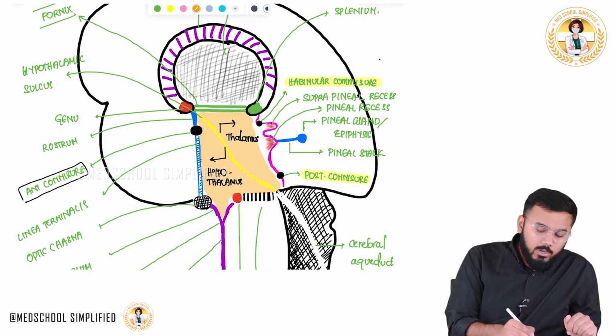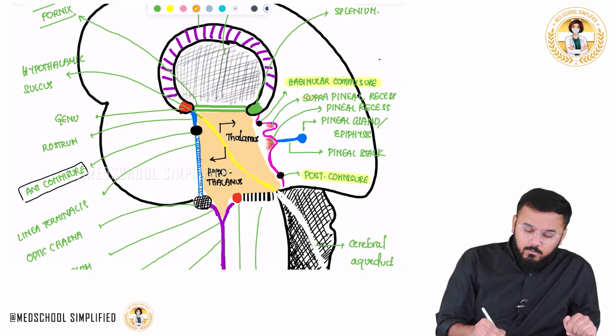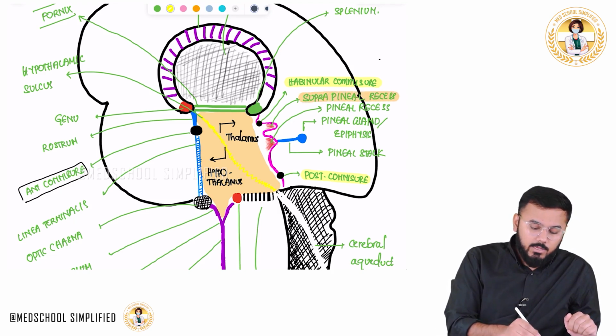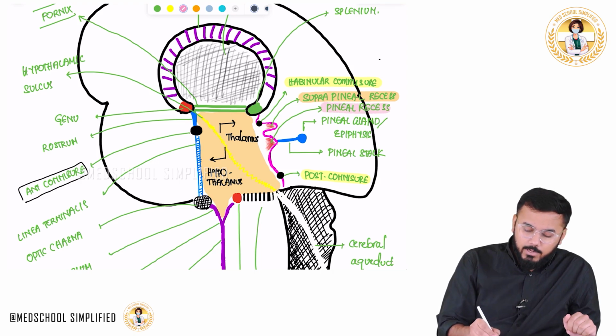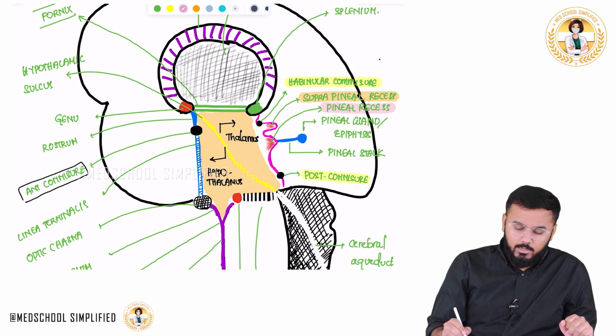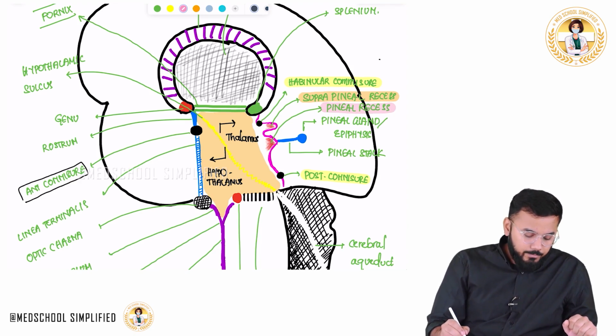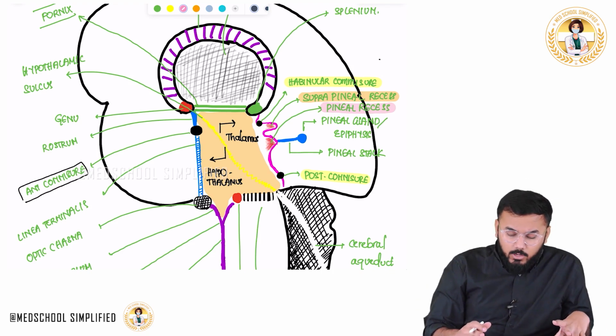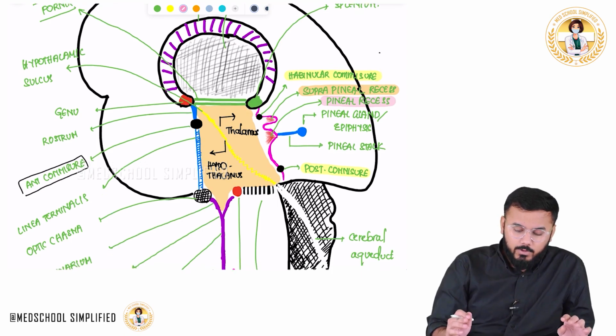So you have got two important recesses over here. One is the suprapineal recess, and the other recess over here is your pineal recess. Suprapineal as well as pineal recess. Okay, right. These are some of the important structures which you need to know. Now, if you look at what are the structures that are located over here, right?